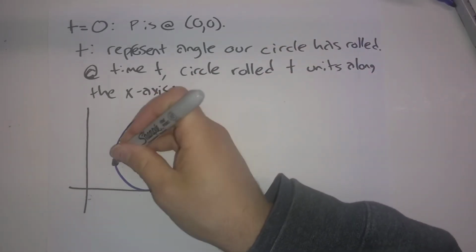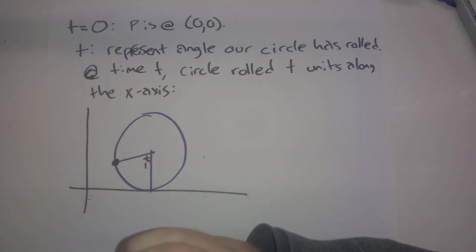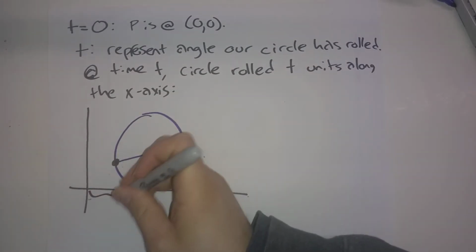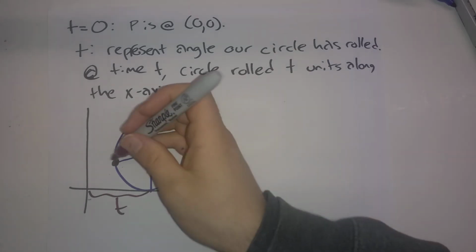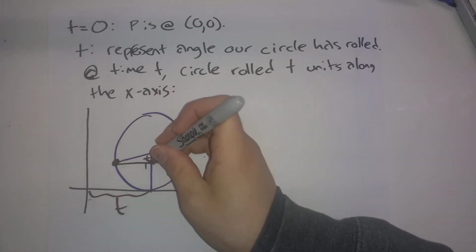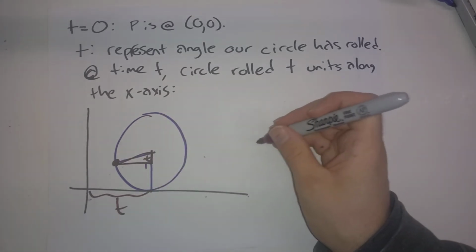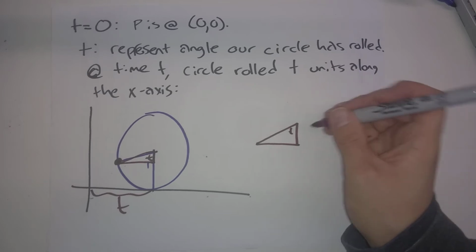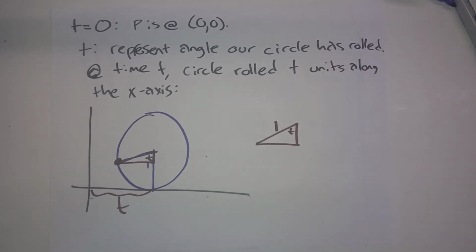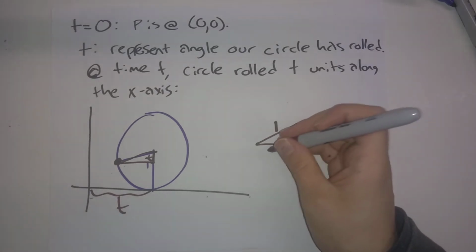What are the coordinates of this point right now? Well, right now, this is t down here. And if we just pop out a little triangle here, so that's t right there. Our circle has radius 1, so we have t and 1.